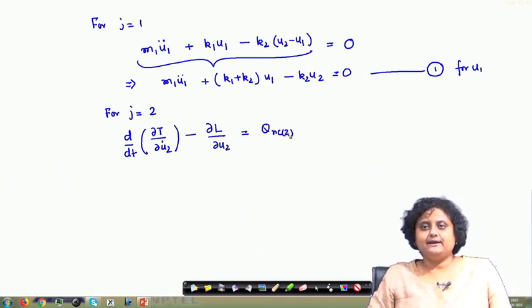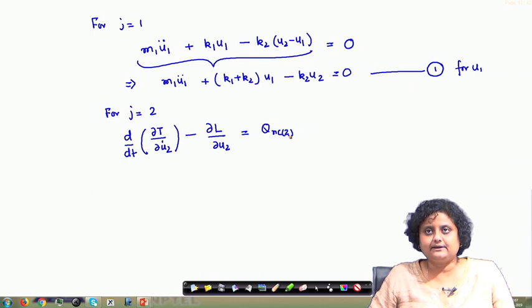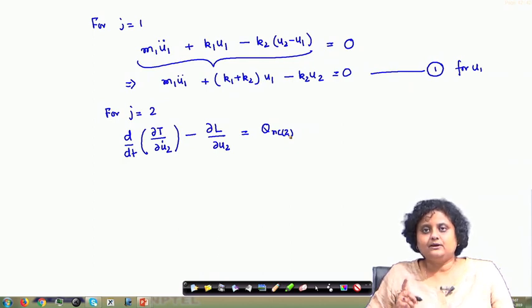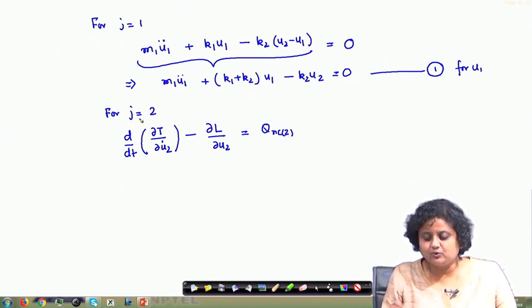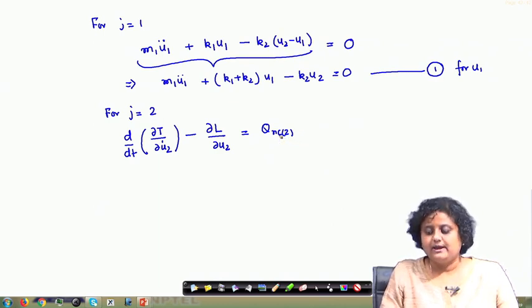What I have missed saying is that this Q non-conservative is going to be the non-conservative force in the direction of the degree of freedom of uj. So, when j is equal to 2, it is the non-conservative force in the direction of degree of freedom 2. In the previous case, it was the non-conservative force in the direction of degree of freedom 1, or u1.